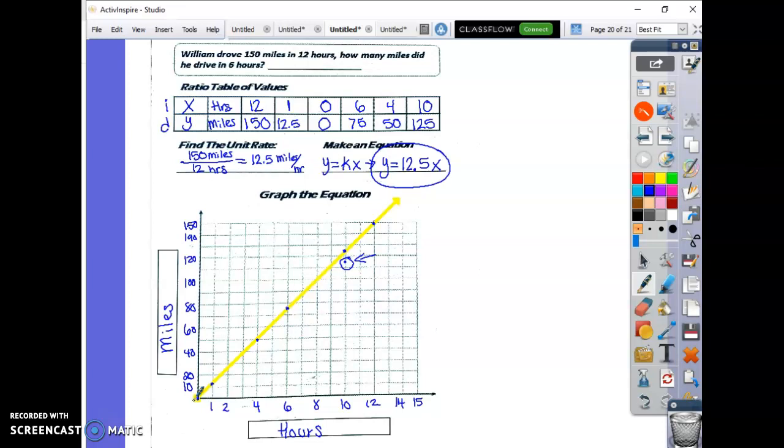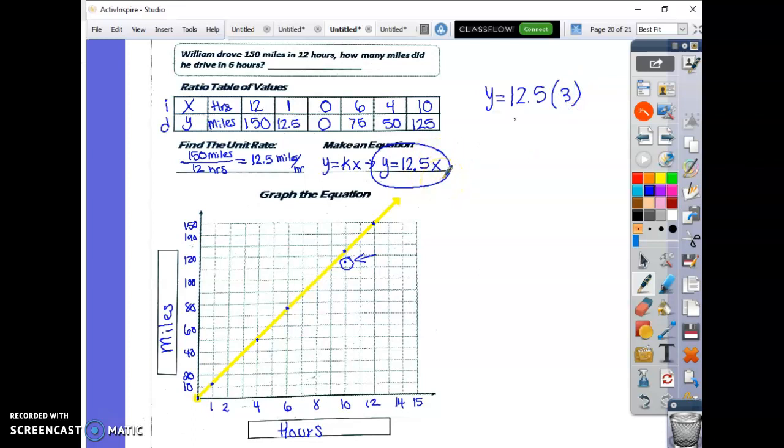Another way to find your value for y is by taking this equation right here and substituting your value for x into the equation. So y is equal to 12.5 times x. Remember, our x represents our hours, and if we were given 3 hours, how far did he drive in 3 hours?